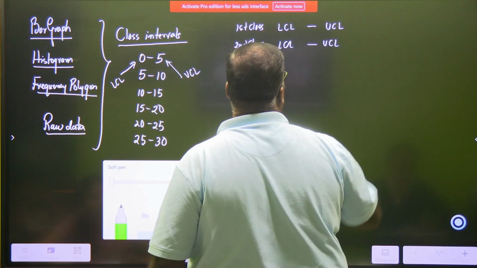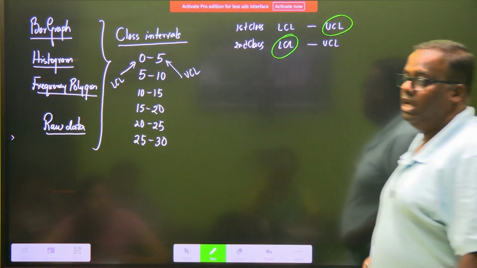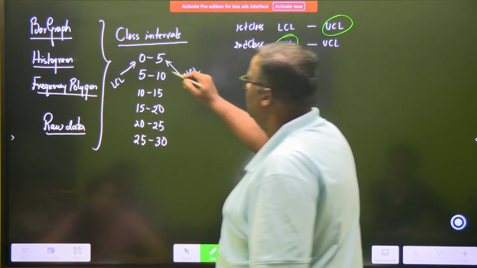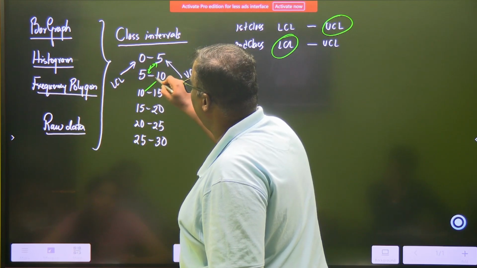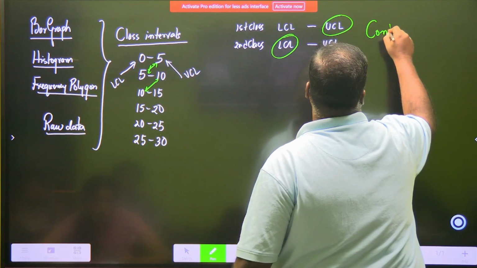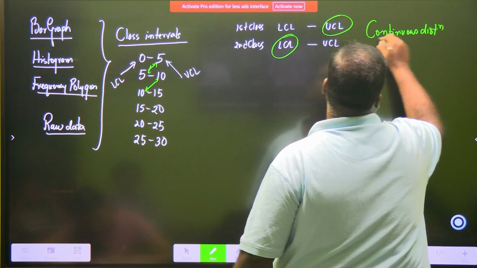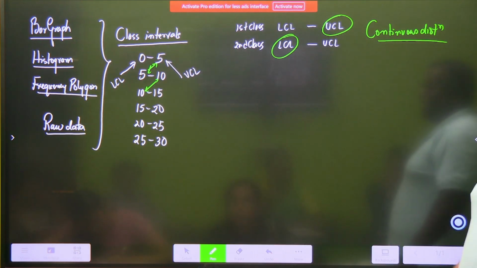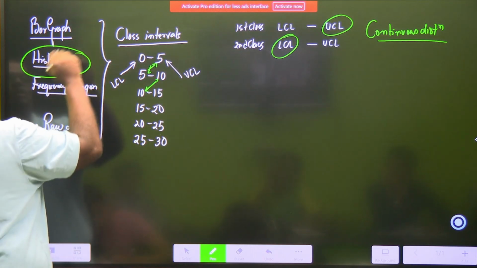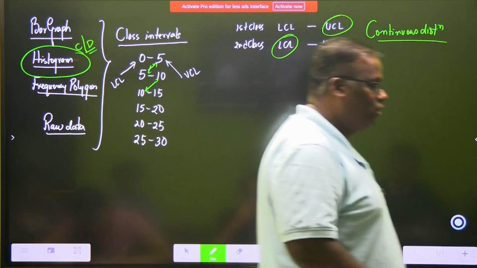If you find that the UCL of the lower class is equal to the LCL of the succeeding class, which is happening right now here, 5 and 5 are equal, 10 and 10 are equal, right? Such a distribution we call a continuous distribution. When you make a histogram, in a histogram your distribution has to be continuous. Remember this.